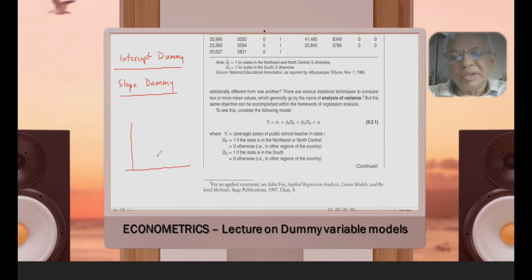Think about this one. This is the male and this is the female. So what may happen with female income, imagine this is income. Imagine this is experience.